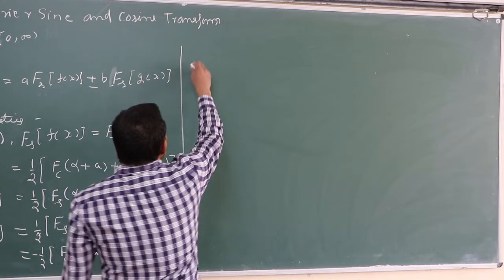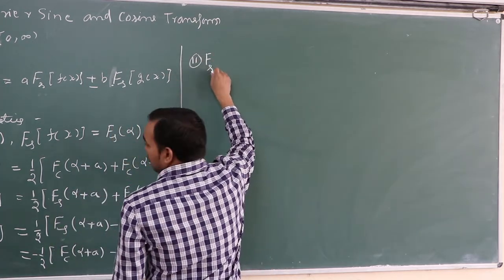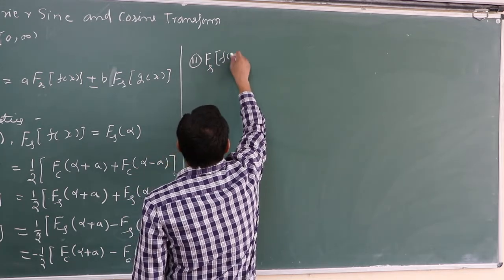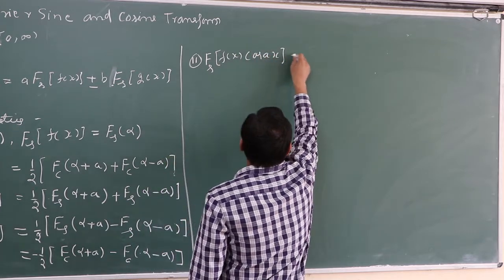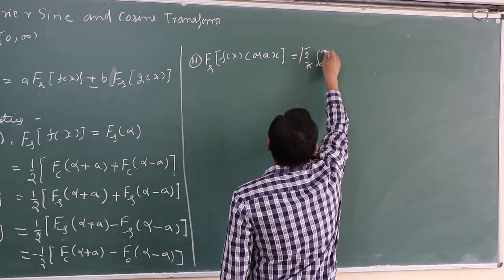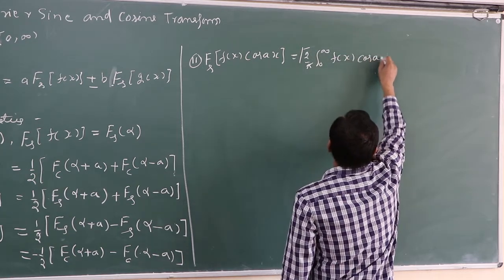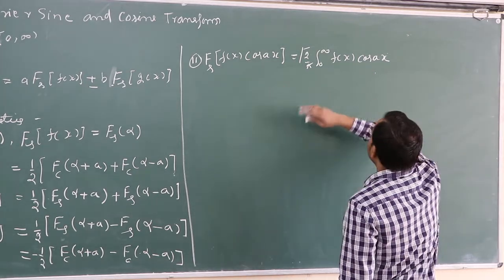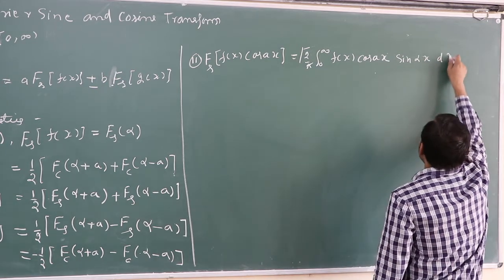Similarly, we want to prove the second one. The Fourier sine transform of f of x cos ax, by definition, is under root 2 upon pi integral 0 to infinity of f of x cos ax sin alpha x dx.